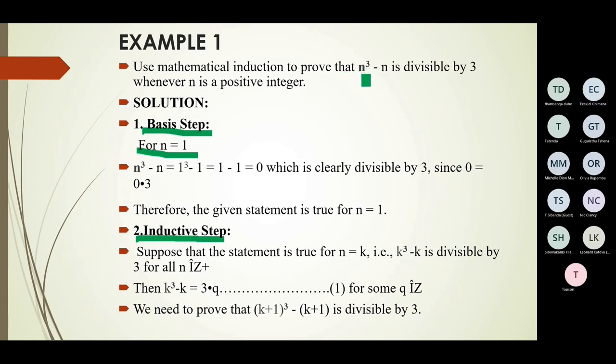Then we end up having k to the power 3 minus k is divisible by 3 for all n that is a positive integer. So then we can write this as k to the power 3 minus k is equal to 3 times q, for some q that is an integer.